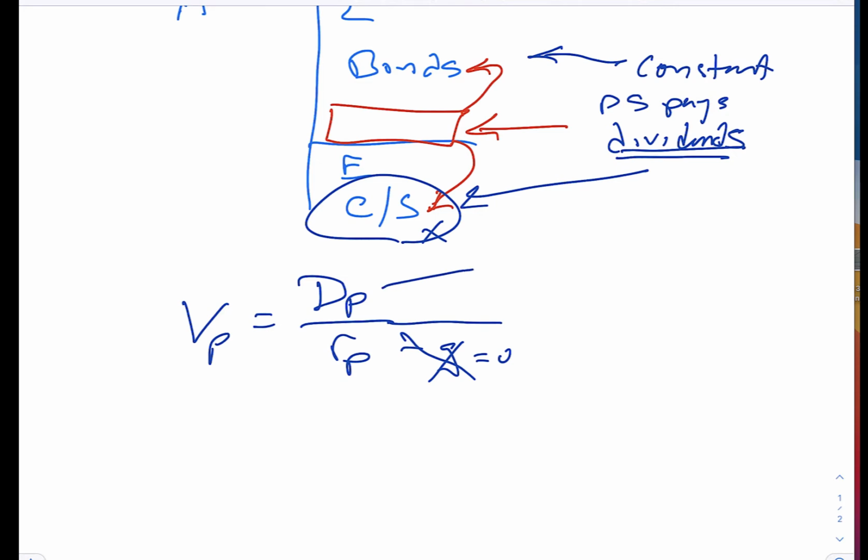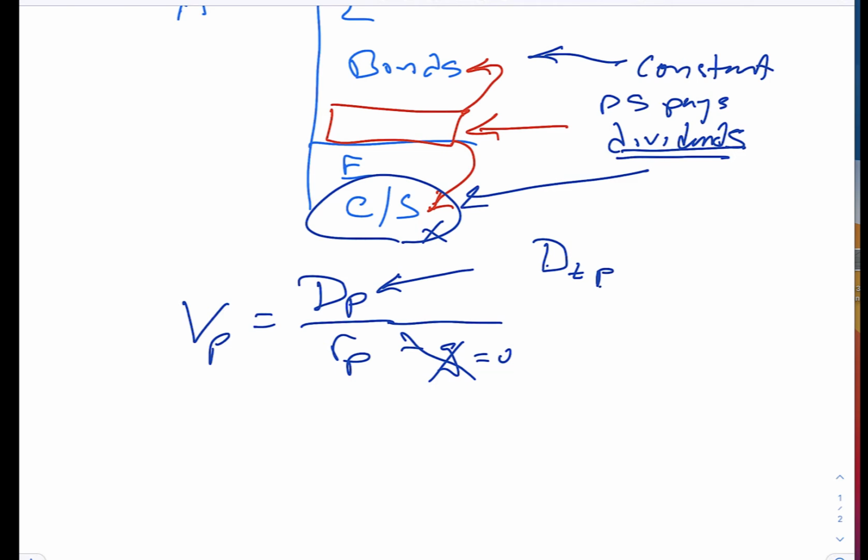The other thing to keep in mind is there's no T on DP. This would be the dividend on preferred stock at time T. There's no T because T doesn't matter, because there's no growth and it doesn't change. The dividend doesn't change in amount, so there's no need to have a T there. DP is fixed because it's a fixed percentage of the par value of the preferred stock.